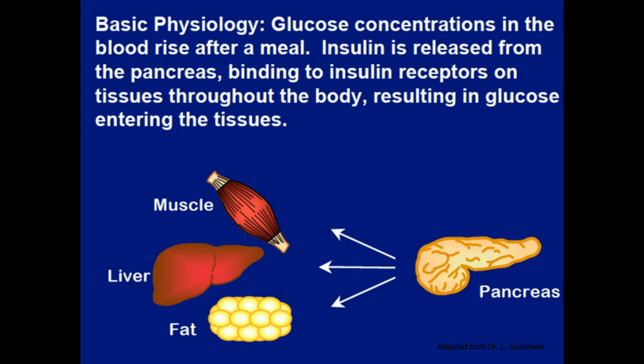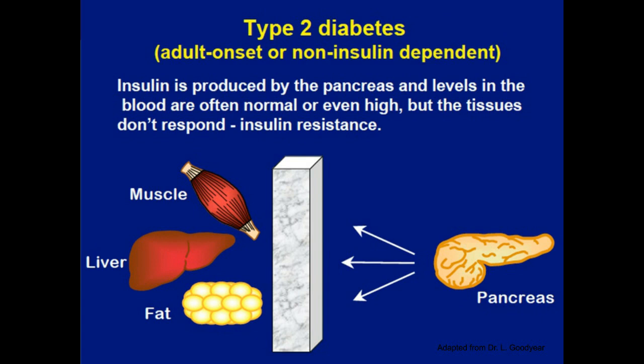The issue that happens with type 2 diabetes, and this happens early on, so we think that the process takes about 10 years to develop, and that's why individuals who are at risk for diabetes, they already have some of this pathology going on. And what happens is your pancreas is very good at producing insulin in these early stages, and oftentimes you produce even excess insulin.